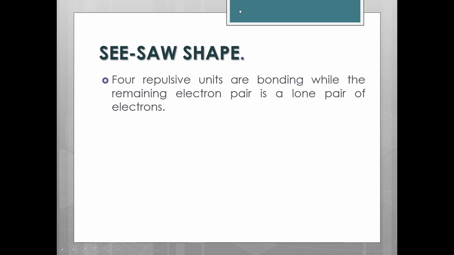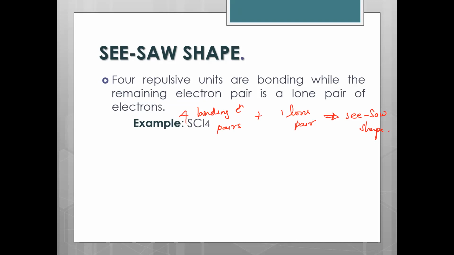So simply you can say this is four bonding electron pairs plus one lone pair, which equals the seesaw shape. That's all, right?